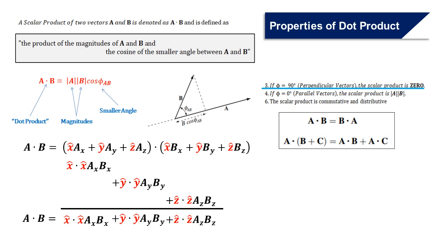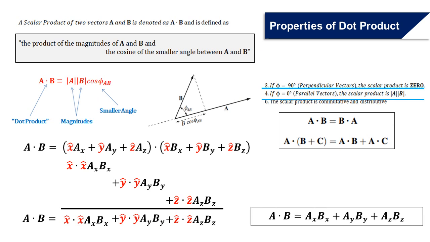So in this case, ang magnitude ng x hat is 1. Ang magnitude naman ng x hat na isa pa ulit is a sub x, b sub x. So para mangyari, itong ating x hat dot x hat magiging 1. Ito rin magiging 1 at ito rin magiging 1.